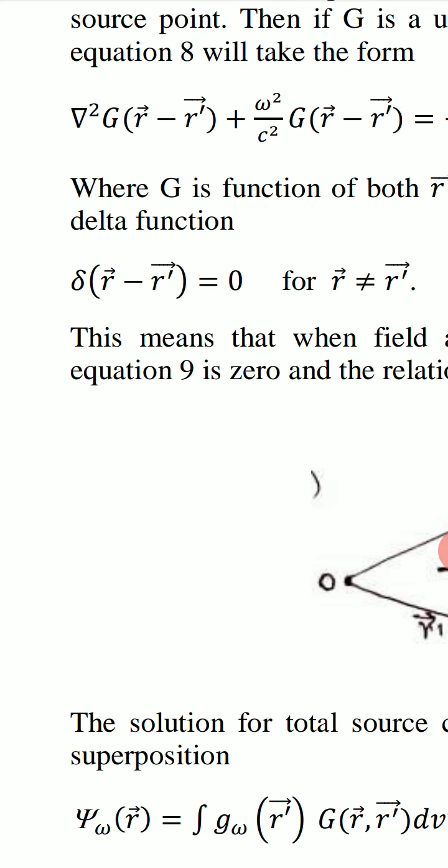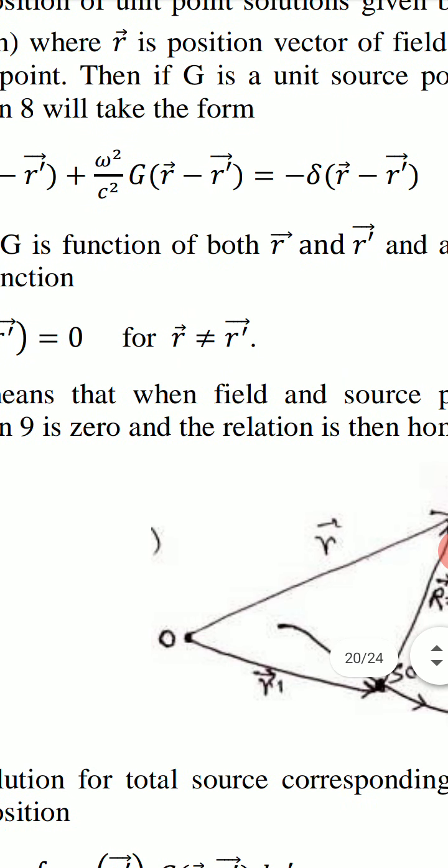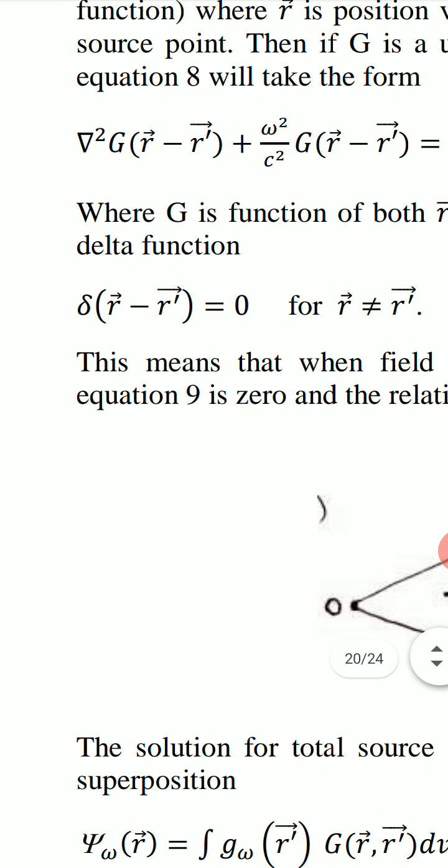Dirac delta function, which appears in right hand side of this equation, has property that its value is 0. It vanishes when R is not equal to R dash.